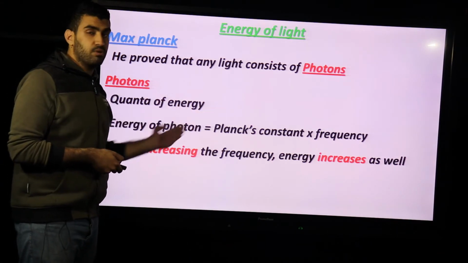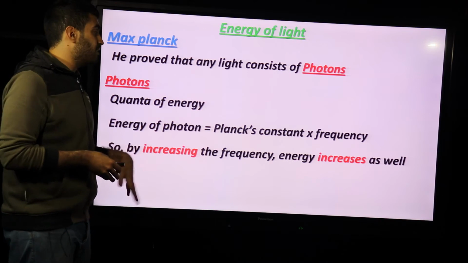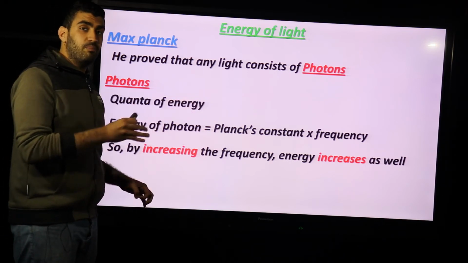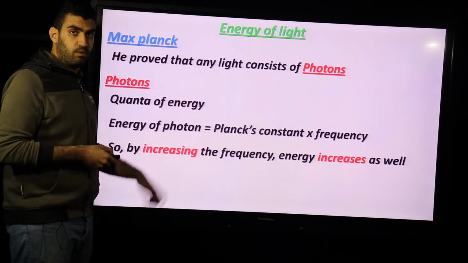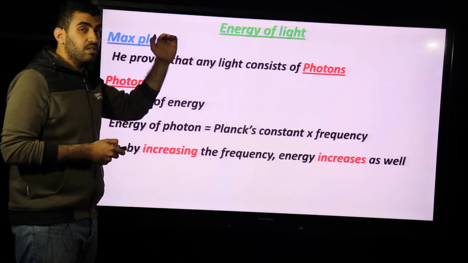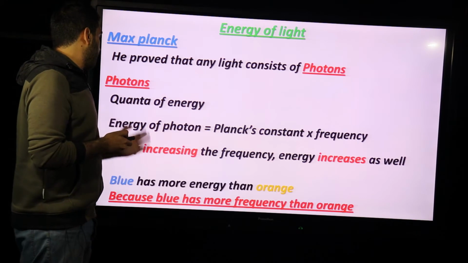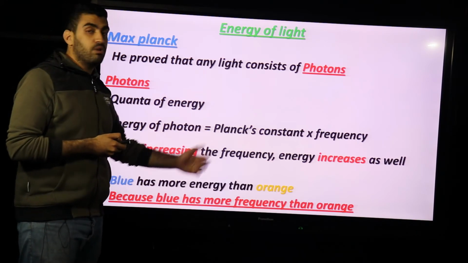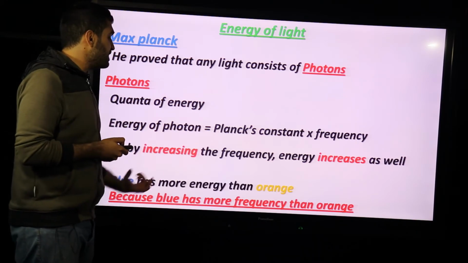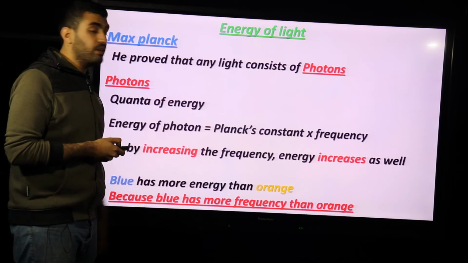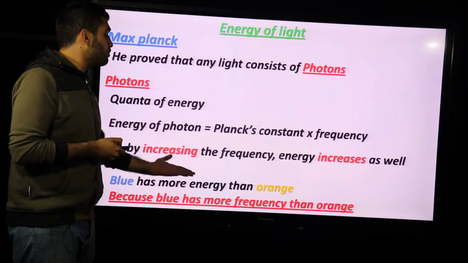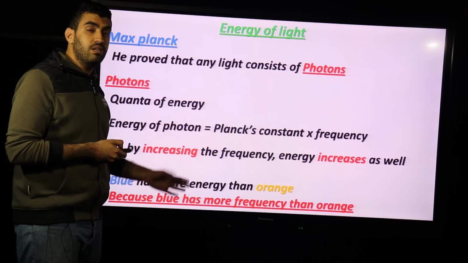They are directly proportional, a very important point. Blue has more energy than orange. Give reason: blue color has more energy than orange or yellow because blue has more frequency than orange. More frequency, more energy.